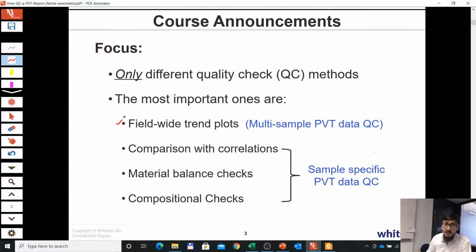Here the basic idea is that if you have data from multiple samples in a given field, you try to correlate them and plot them such that the properties are generally correlated, and you see which samples are outliers. Then you check whether it's due to bad measurement in the lab, and there you make a decision whether you should include that data in, for example, model development, or not.